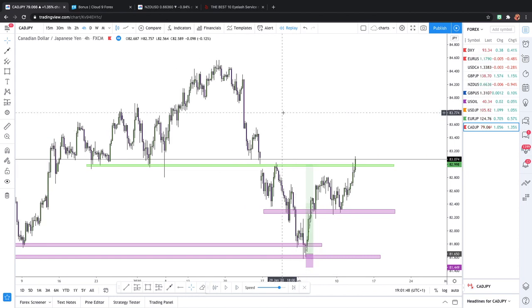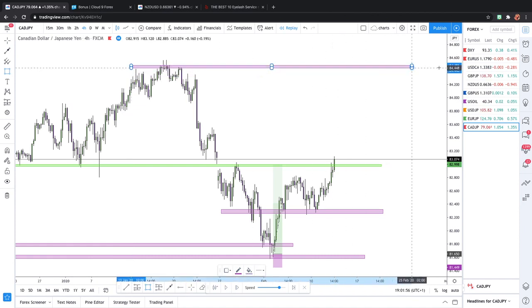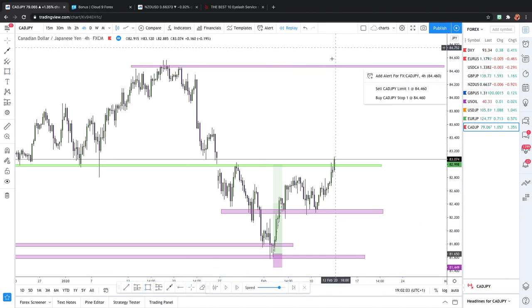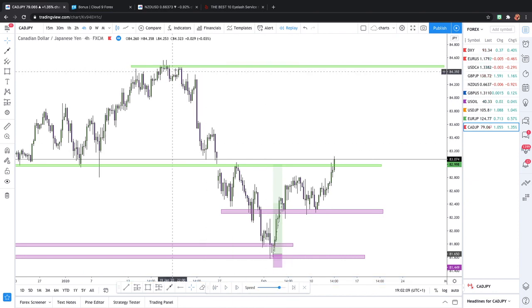So what's our next target? Well, we have a major zone up here. So what we want to do is take this, and I'm just going to change the color, persistent color. Okay, so that's our next target.